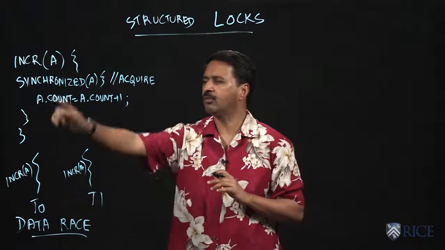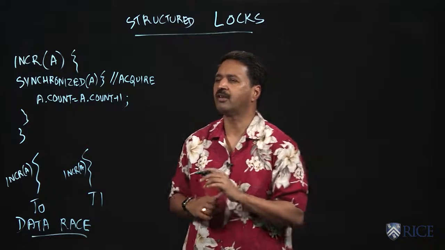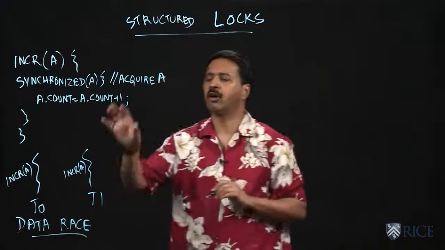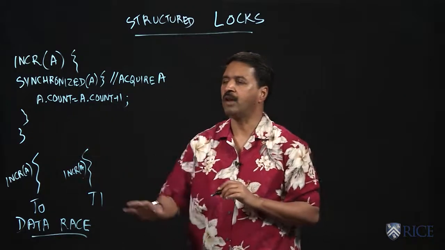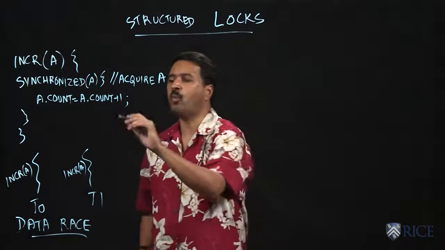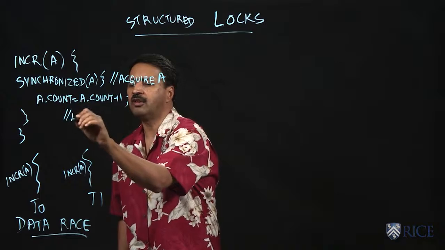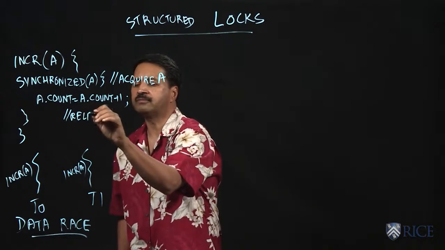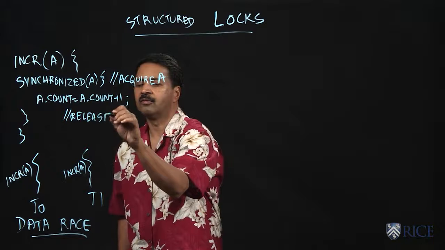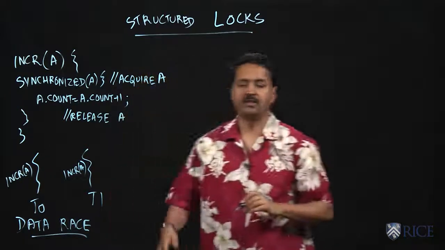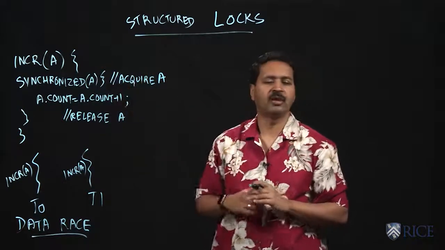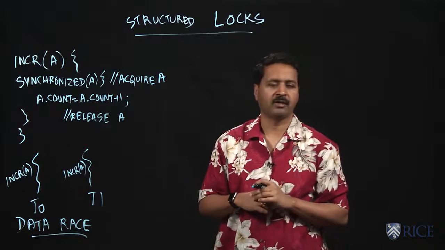So if T0 were the first to enter synchronized, it would acquire the lock on A before T1, and T1 will have to wait. And then after the work is done in synchronized, it releases the lock on A. And then T1 could go ahead and, when it's doing its increment, acquire the lock.